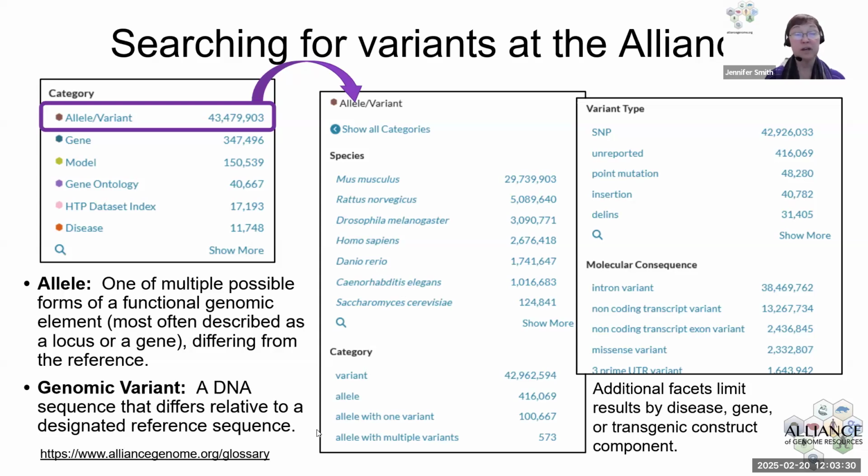Or you can choose a category of alleles or variants. You can filter it by variant type, so a SNP or an insertion, or you can filter it by molecular consequence, a missense variant, a frameshift variant. And then there are additional facets that I'm not showing here that limit the results by disease, by gene, or by transgenic construct component.